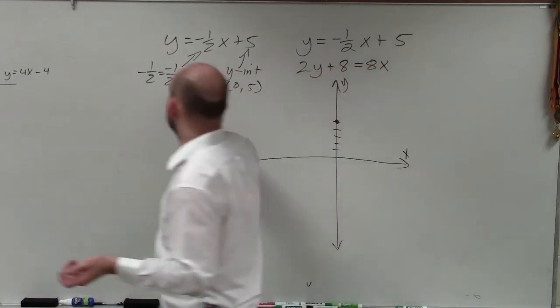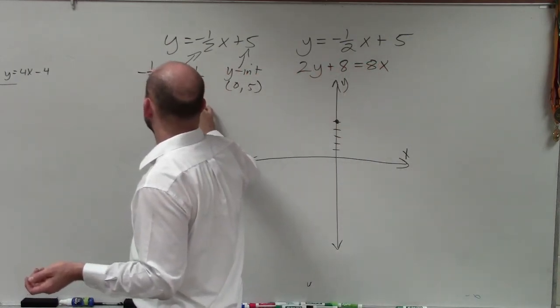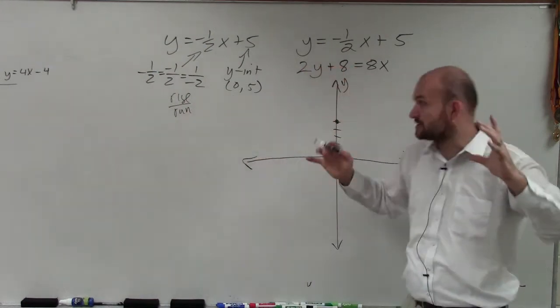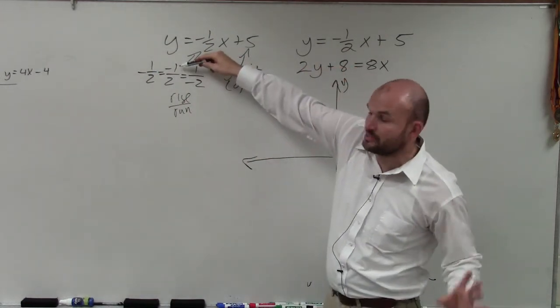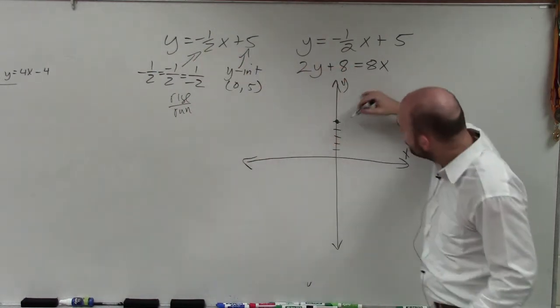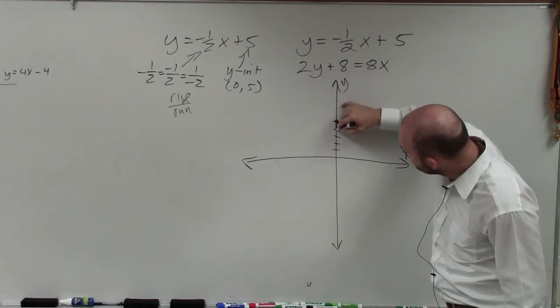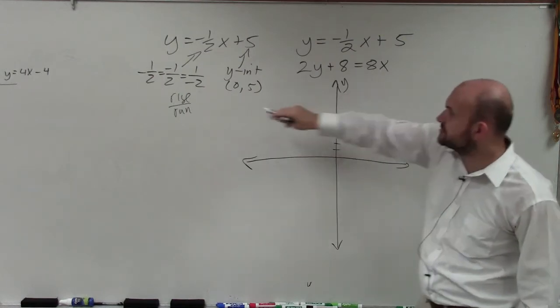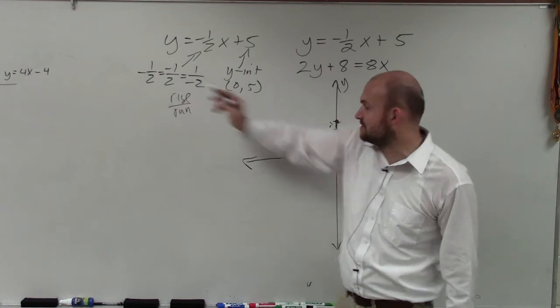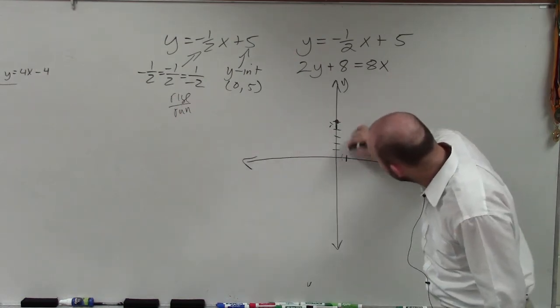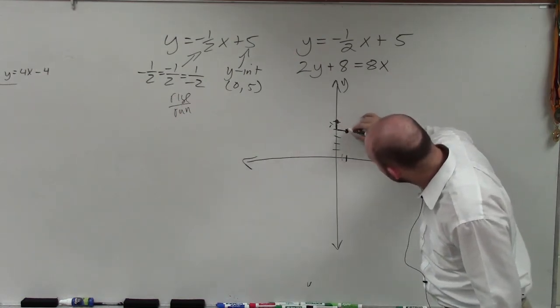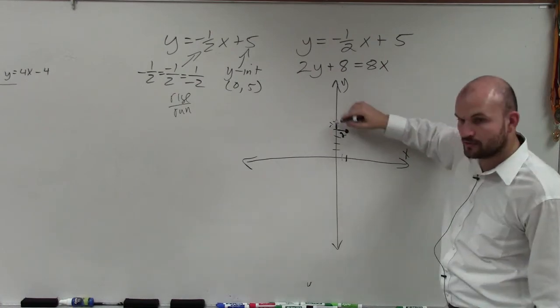Because remember, slope, sometimes we say rise over run, but it's the change in the y-coordinates. So if the change in the y-coordinates between any 2 points is -1, from my y-intercept, I need to go down 1. And if the change in the x-coordinates is +2, then I'm going to go over 2 units. See how that's -1/2?